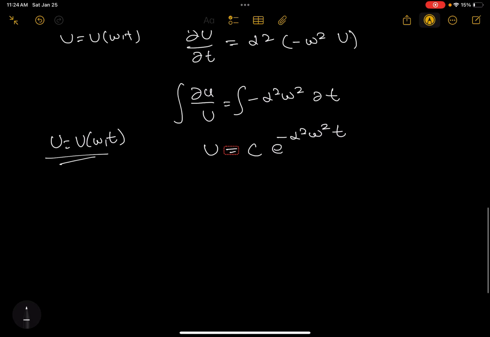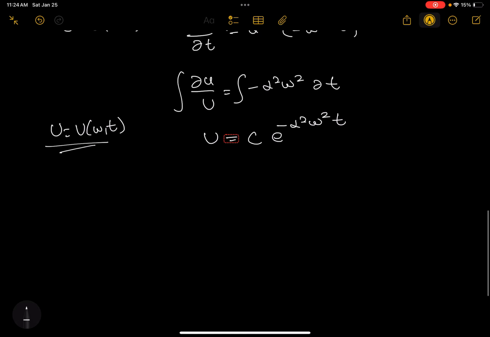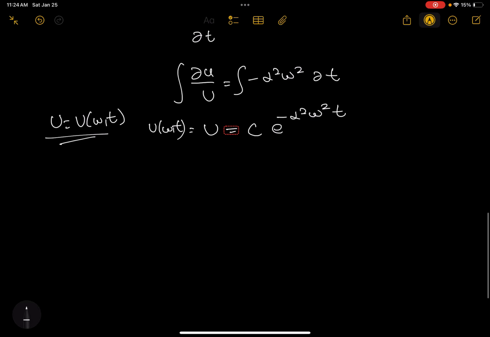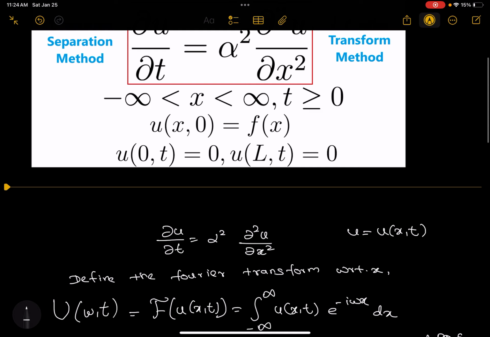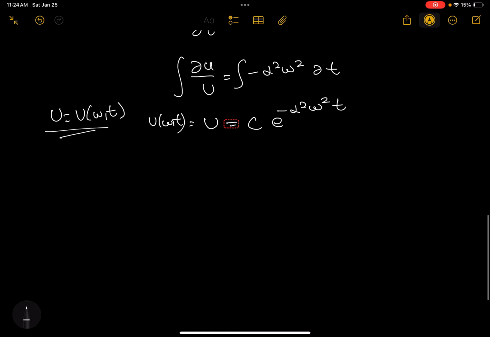Now, to solve for C, since we know that this is a function of omega and t, our initial condition was in terms of x and t, right? Our initial condition was u of x comma 0 is f of x, right? Now, if we take the Fourier transform of both sides of this initial condition, what you will get is the Fourier transform of u, which is capital U of omega comma time just 0.